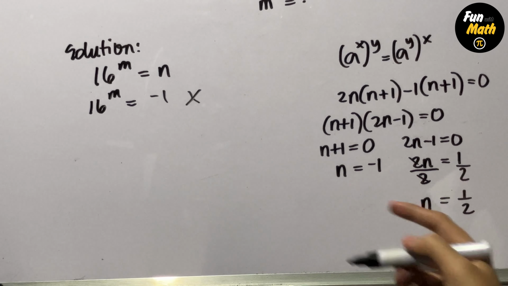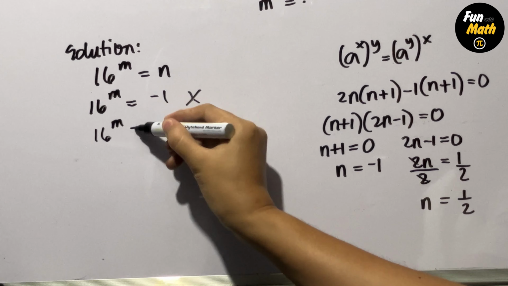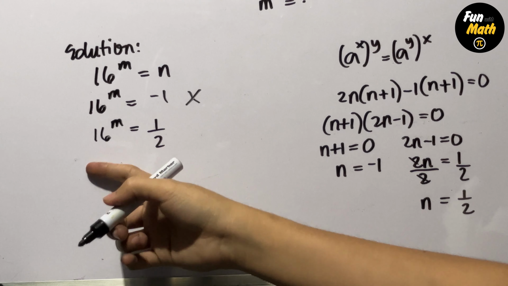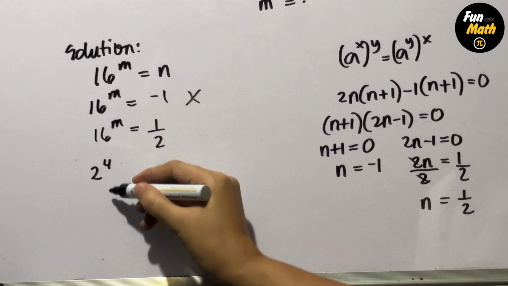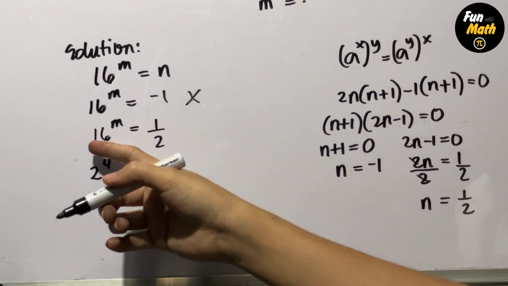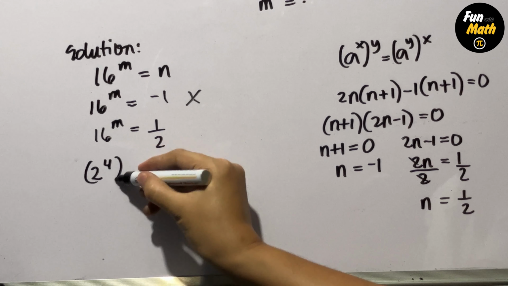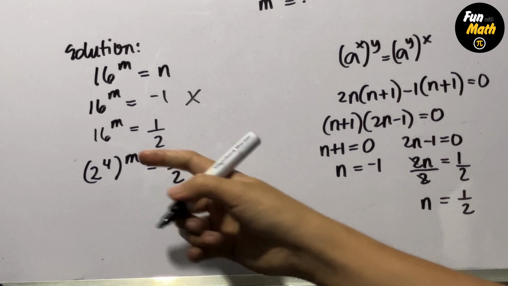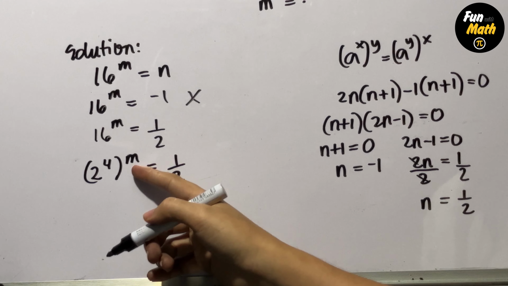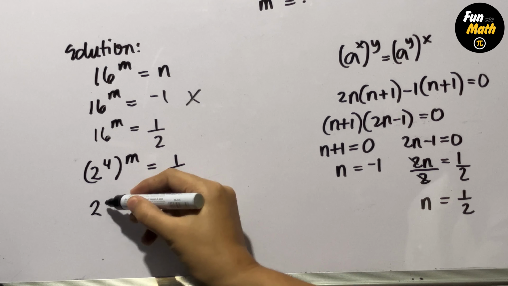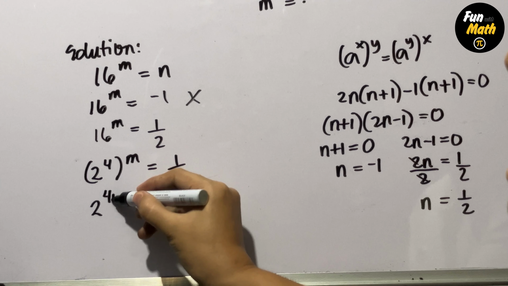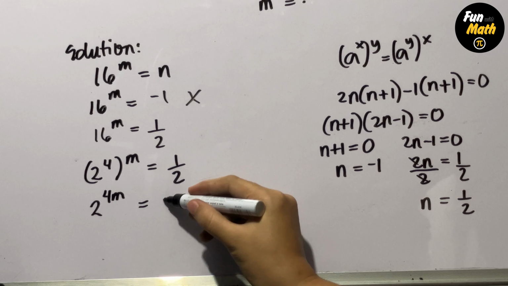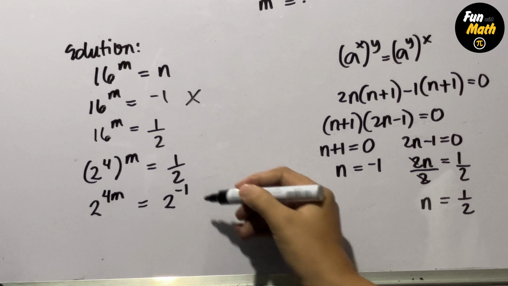Another is 1 half. So 16 to the power of m is equal to 1 half. For this 16, we can write it as 2 to the power of 4, because 2 to the power of 4 is equal to 16. Then whole to the power of m equals 1 half. Next, power to a power, we can multiply. So that is now 2 to the power of 4 times m, that is 4m, equals, for 1 half, that is equivalent to 2 to the power of negative 1.